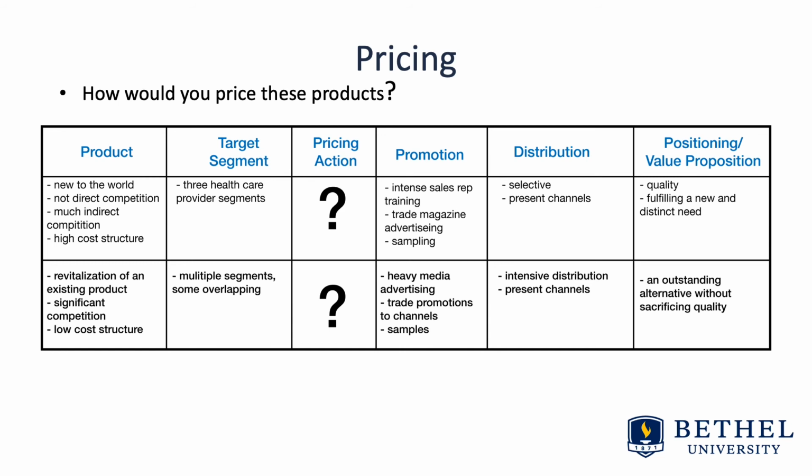It will require heavy advertising to make customers aware of the product, with trade promotions to the channel and sampling to potential customers. What pricing strategy would you expect to be used on this new product? If you said competitive pricing, you would be correct. It would not be cost pricing because of the heavy promotional activity as well as intense distribution.